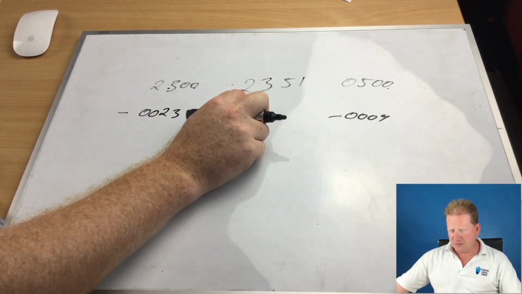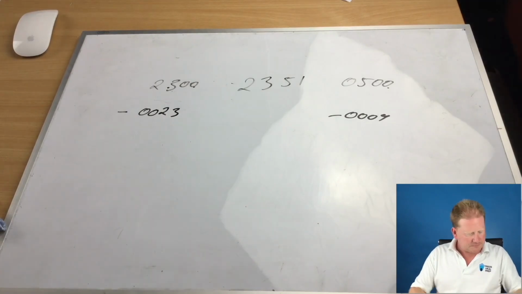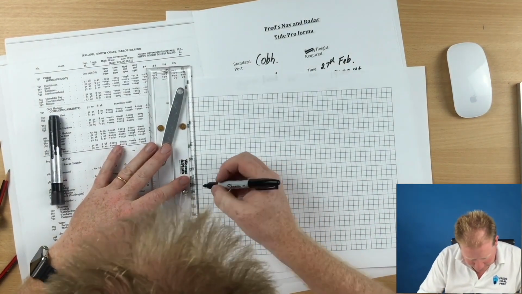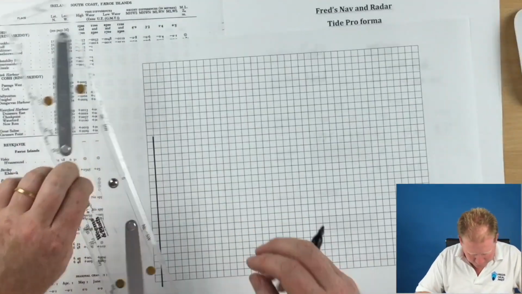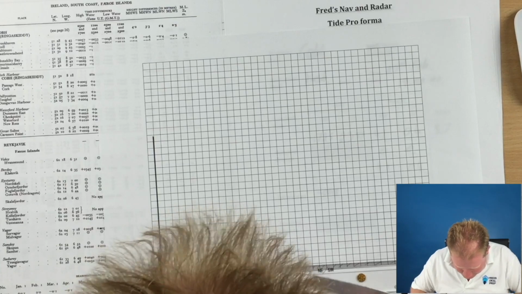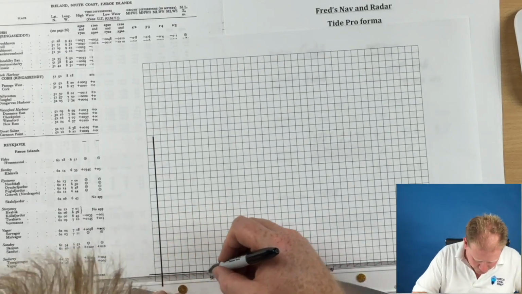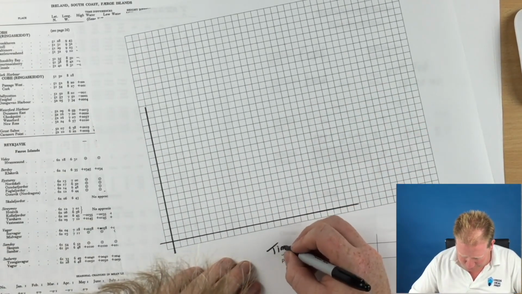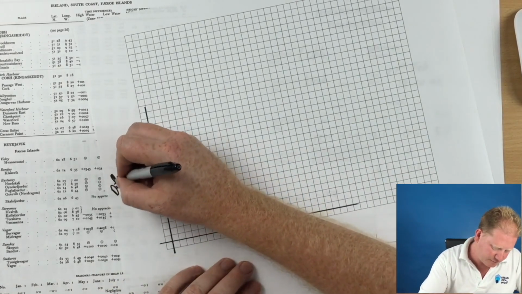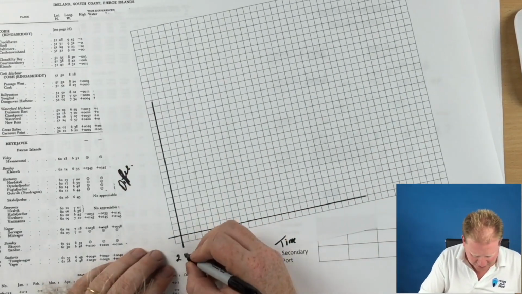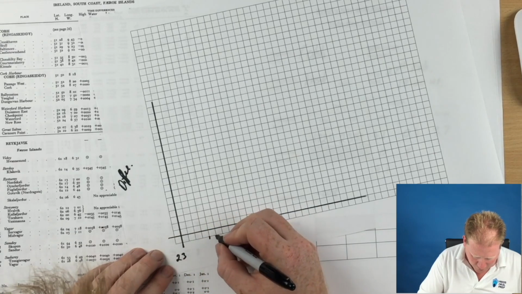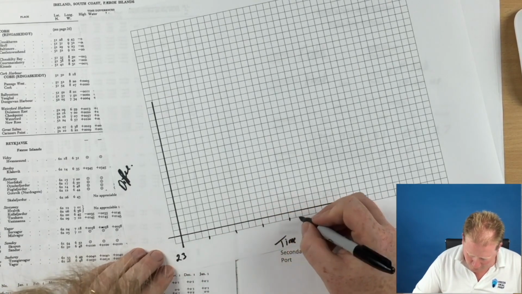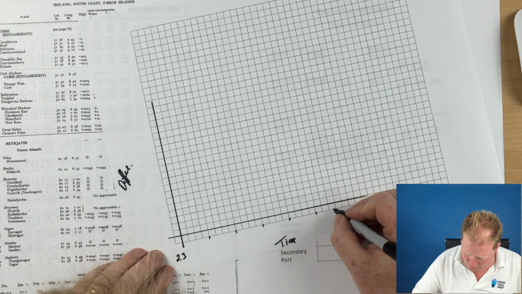How much is the correction at 2351? Draw another graph. Come down. Now it doesn't really matter which way you have the scale or which way it works. I seem to tend to always put time on the bottom and then difference on the side. I'm going to start at 23. 1, 2, 3, 4, 1, 2, 3, 4, 1, 2, 3.